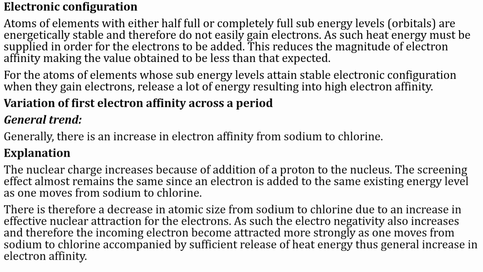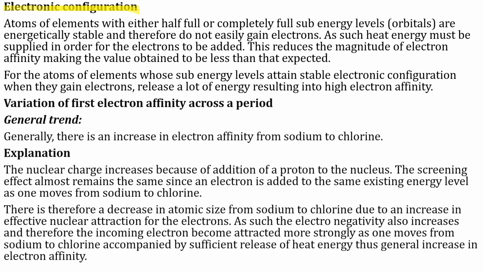So in proceeding, we are having explanation of electronic configuration. As I told you, with electronic configuration, you're always looking at whether the atom has a half-filled or fully filled sub-energy level. And those ones, you can either call thermodynamically stable or energetically stable. So in terms of electron affinity, we are looking at electron gain.